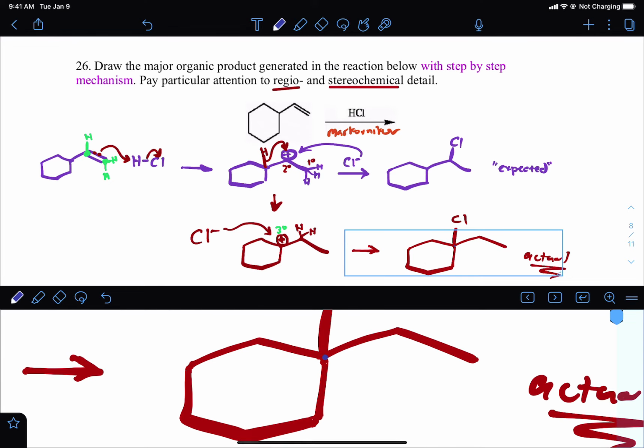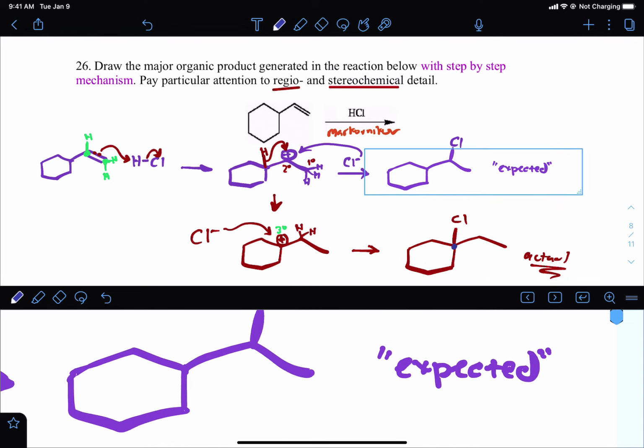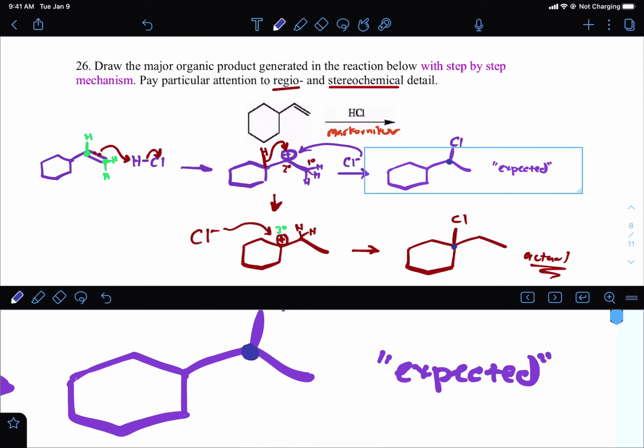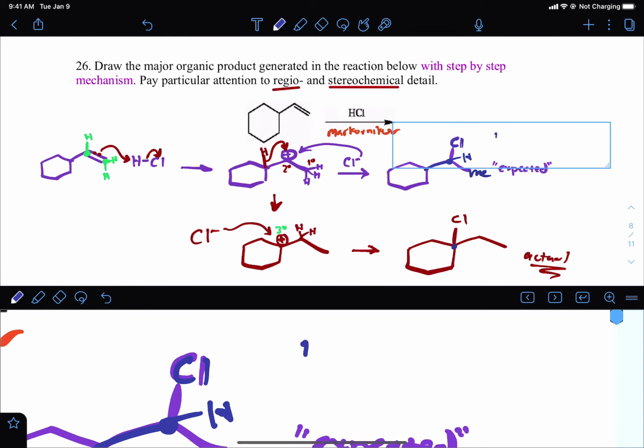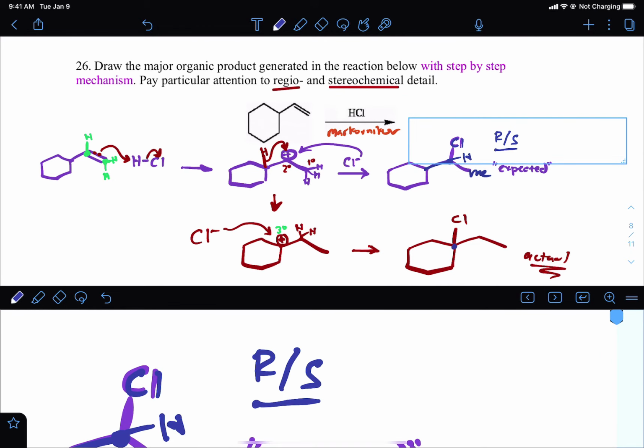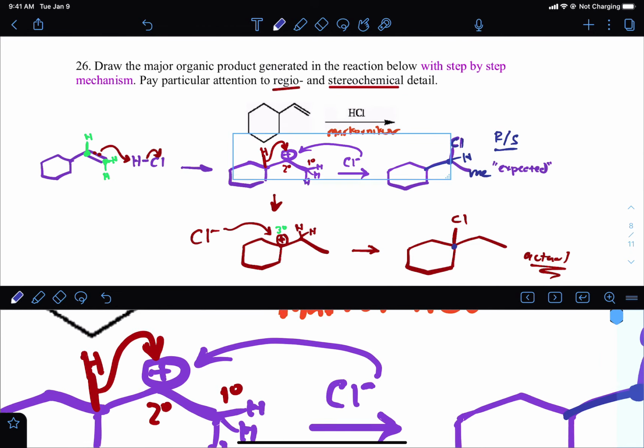Maybe what it was referring to was this product, because this is a stereocenter. It's got the H, the methyl, the chlorine, and the ring. So that's a stereocenter, so it can be R or S. I know you and I haven't talked about R and S yet, but anyway, that could be R or S. The reason it could be R or S is because the cation is planar.